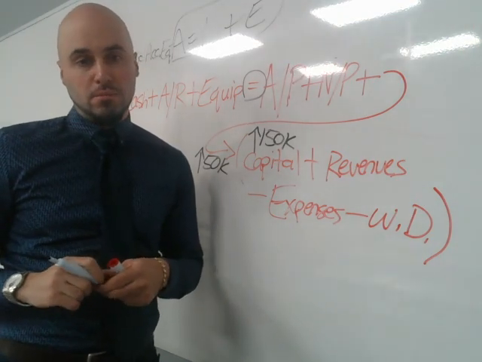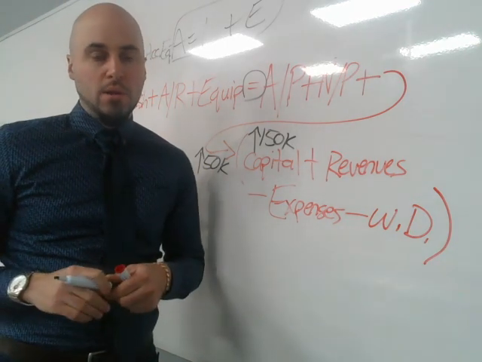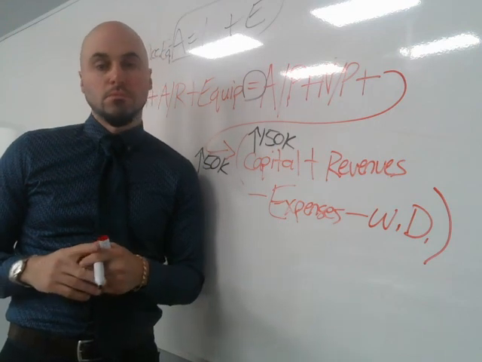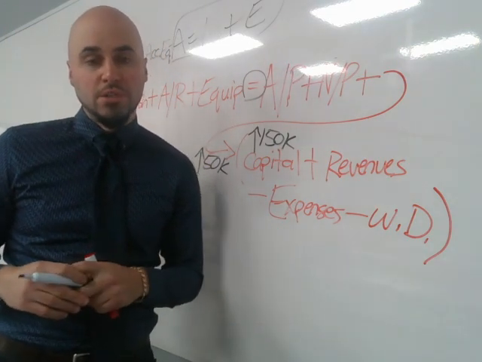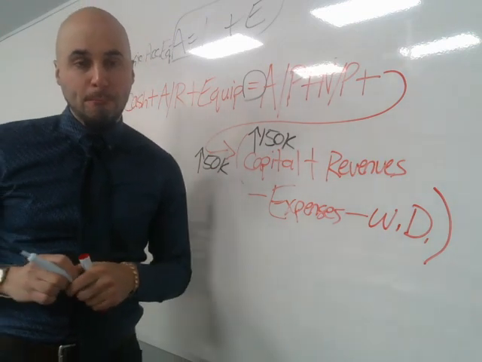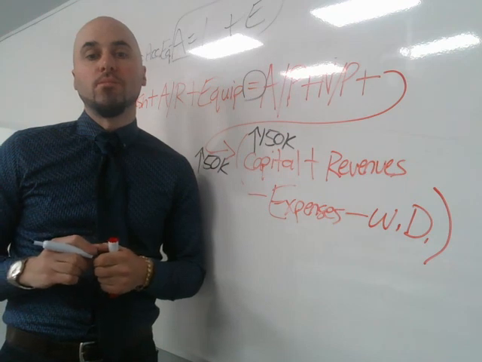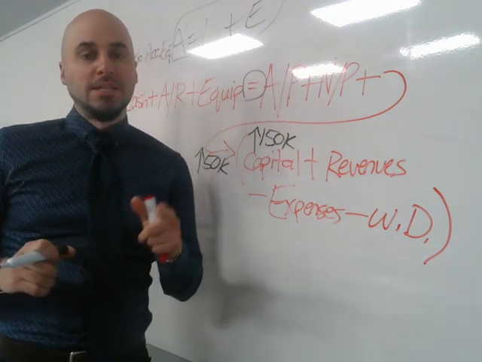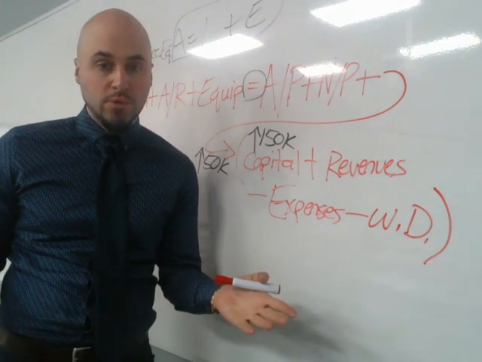What's our business? We're selling chairs. How many did we sell? 100 of them? We sold 100 chairs. How much for each chair? $10? You want to do the simple math? Okay. $10 times the 100 chairs is $1,000, right?